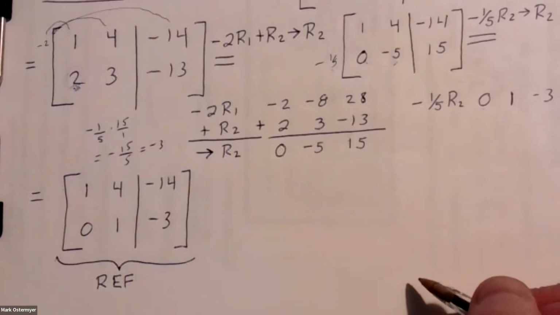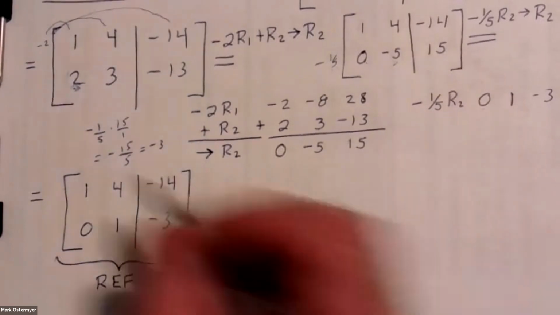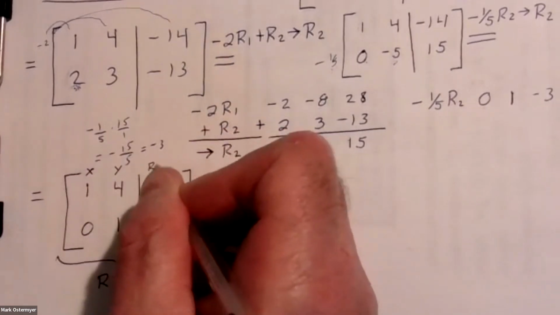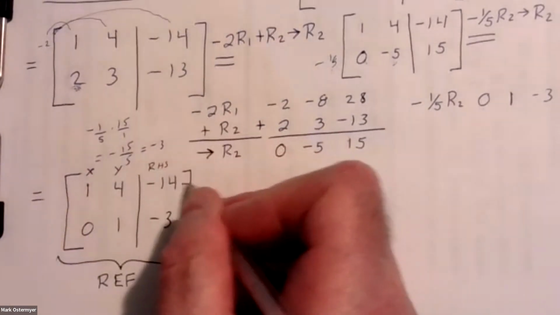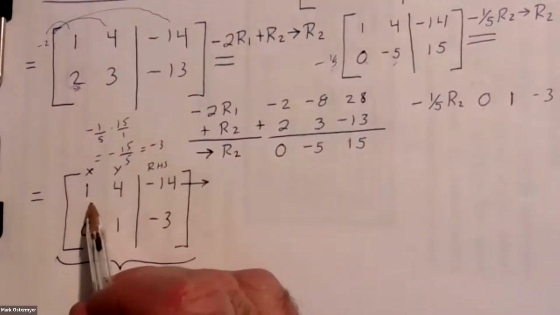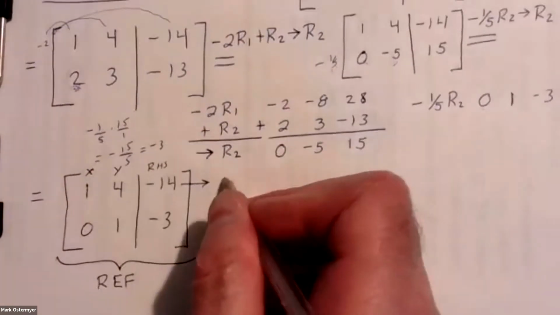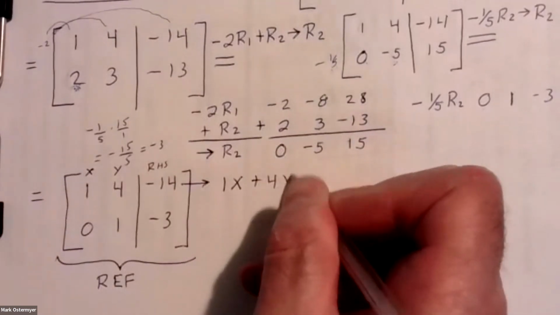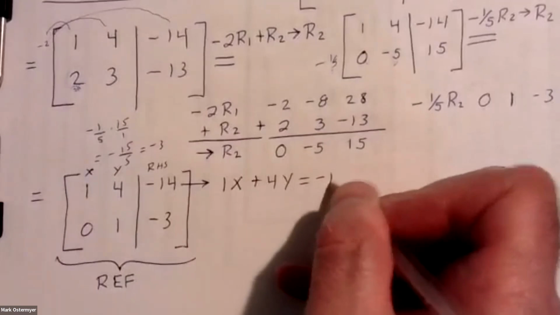Now that it is, we basically can recover our X and Y coordinates of our ordered pair solution. This is the X column coefficients, the Y column, and this is the right-hand side constants. From the first row, we generate this equation, 1x plus 4y equals -14.